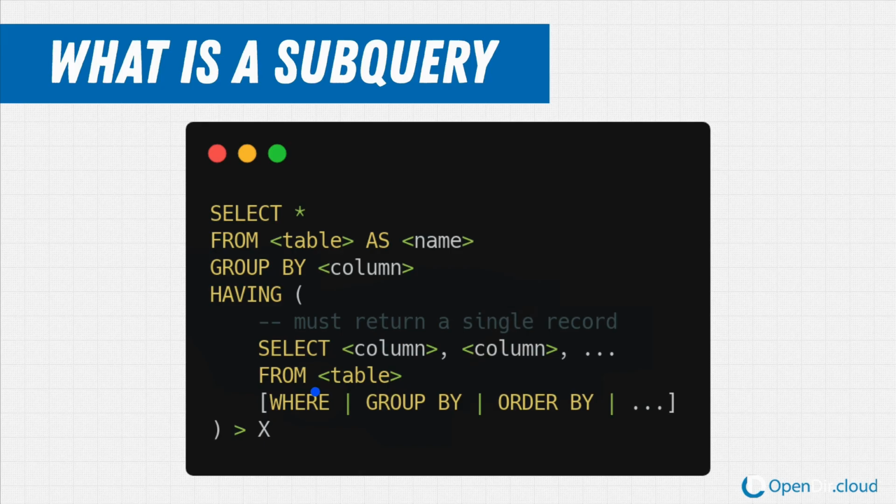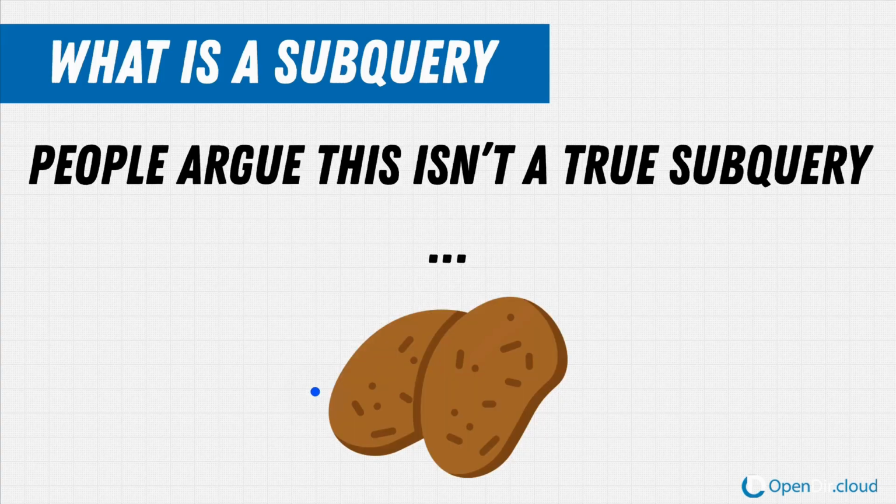Now, one thing to note about these types of subqueries, the ones that aren't in the where clause, well, people argue that these aren't true subqueries. They say, hey, if it's not inside of the where clause, it's not a true subquery. This argument has been thrown around. You'll see it thrown around online if you Google or whatnot, or maybe someone on your team thinks that.